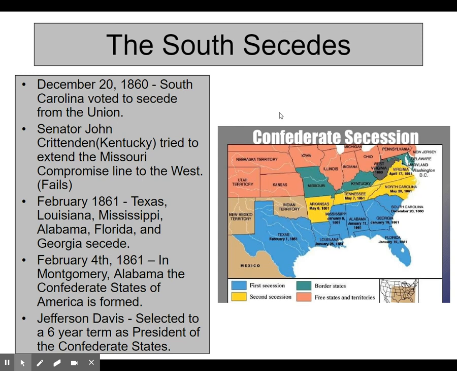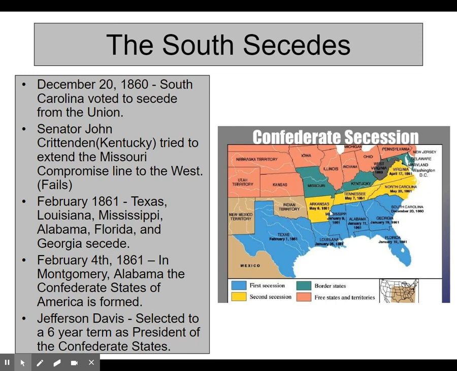South Carolina was the first state to secede, and then other states started to follow suit. So you can see, and you can always come back and pause this too, but you can see all the dates where the individual states ended up seceding. So again, the first one was South Carolina, but you can see that Texas seceded in February, but really they seceded within a couple months of one another.